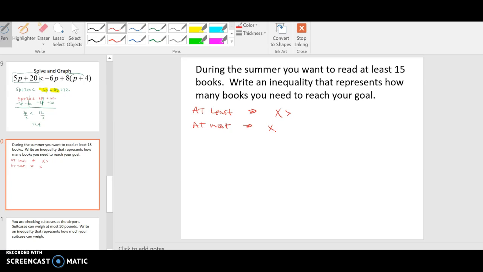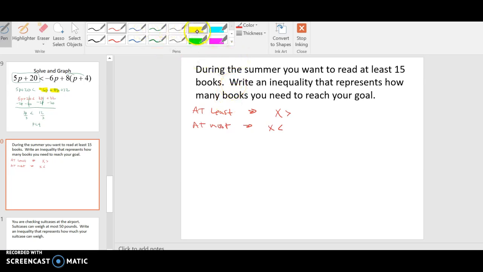Therefore, if you have x, that means x can be at most something, that would be less than. The way I like to think of it is you have to be at least 16 years old to drive. So your age must be greater than 16. You could be at most 48 inches to ride the ride, which means you have to be smaller than 48 inches.